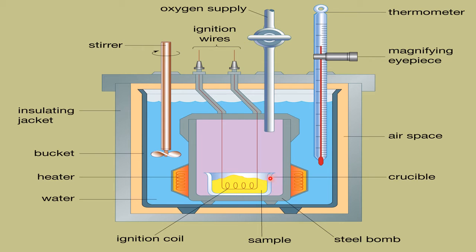So heat is transferred here, because it is insulated, matter is not going out. Only the heat is transferred to the water, and that is noted by the thermometer. Earlier the temperature was noted, now the temperature is noted after some time.